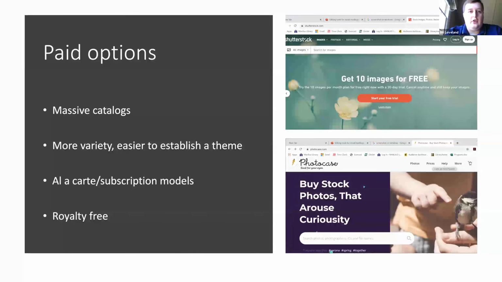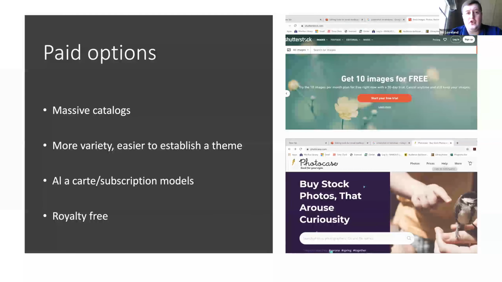So just to give you a glimpse of what's out there beyond a couple of solid free options, Shutterstock and Photocase are both excellent options if you're looking for more selection, the highest quality of images, and are willing to pay to use stock images. Shutterstock is one of the largest catalogs on the web.